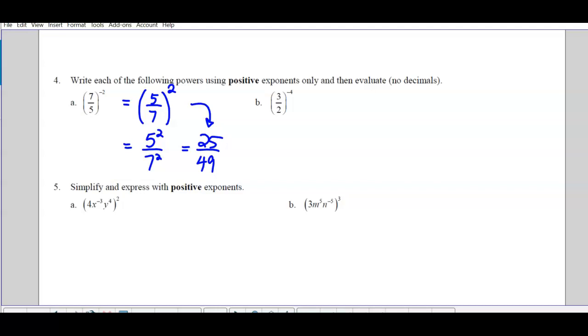Okay, but no decimals. Same with the next fraction. Flip it, change the sign of the exponent, and then evaluate that. So 2 to the 4th over 3 to the 4th.